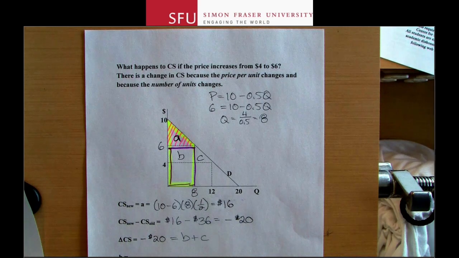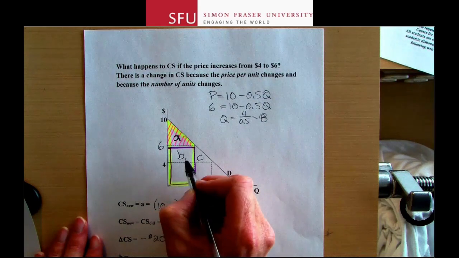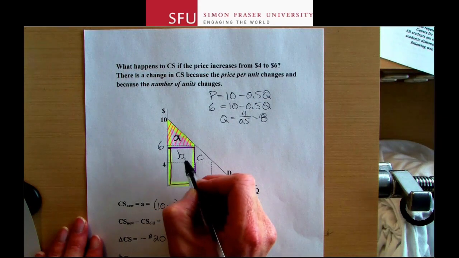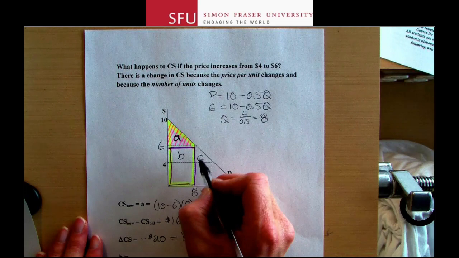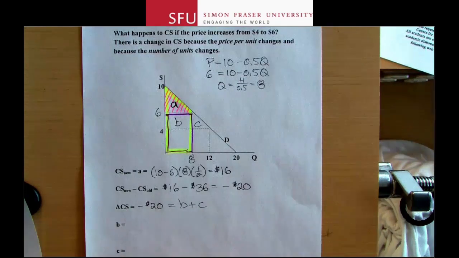But some people would go to the store and see the new price of 6 and say, no, it's not worth it anymore, so I'm just not going to get the good. And then they are not as well off because they don't get the good at all anymore. The area B then represents the consumers who will still buy the good, but they have to pay more. And then this area C represents the 4 people who just don't get the good anymore.